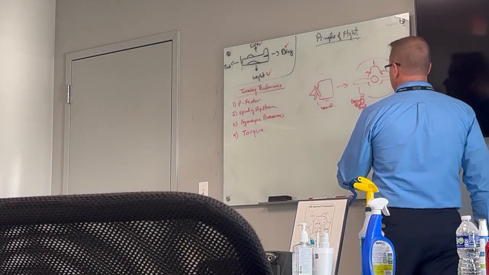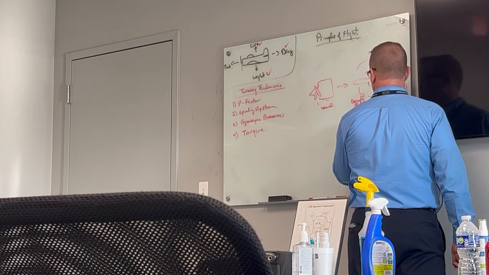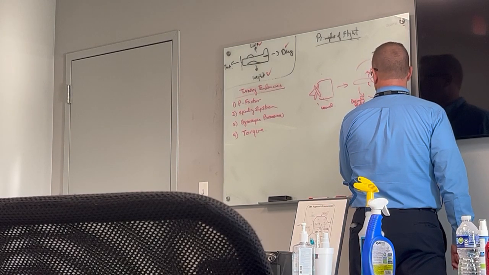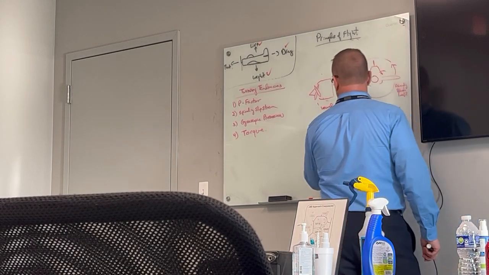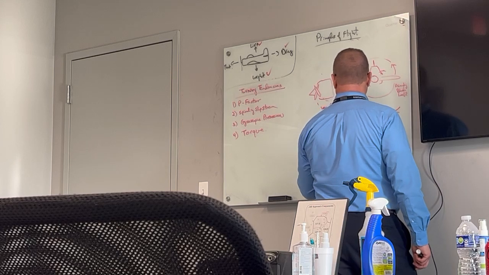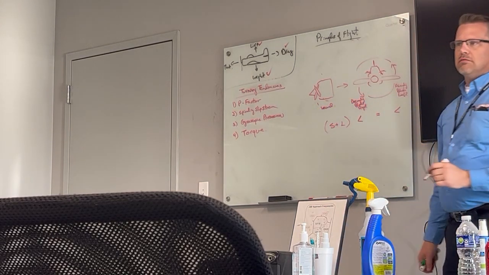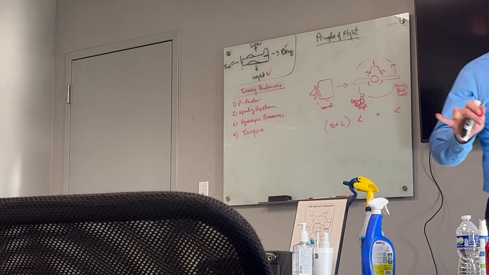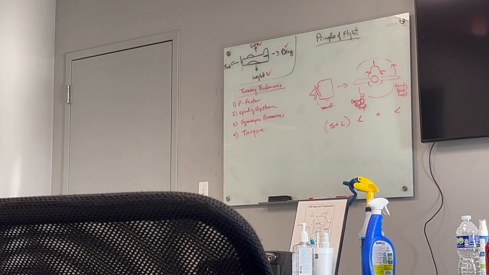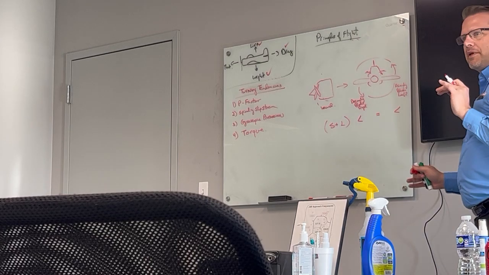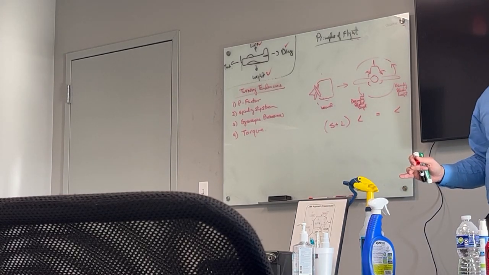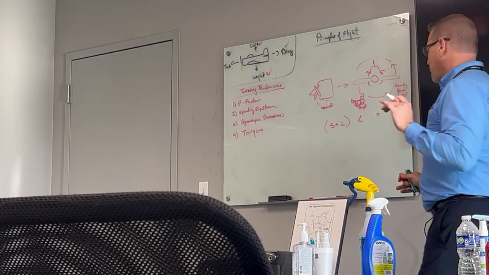So the angle of these two blades in straight and level is relatively equal. Most people say the descending blade takes more than the ascending blade. I ask, well, when? They say, always. I say, no, not exactly.